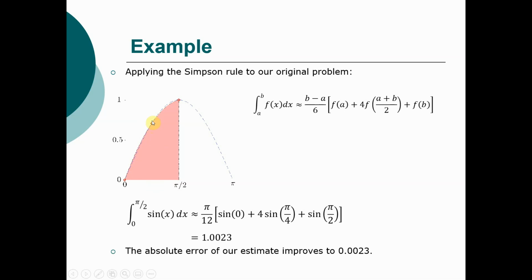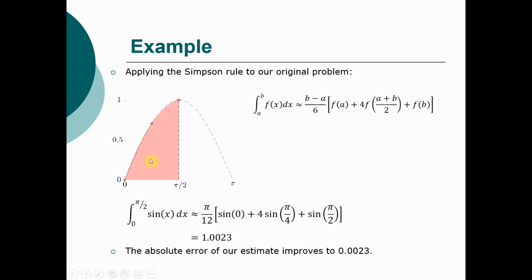Sine of pi over 4 is root 2 divided by 2. It has a coefficient 4, so that's why we have what we have here. And you see what the answer is, right? It's pretty accurate. The exact answer, if you remember, was 1. The numerical approximate answer is 1.0023. So the error that we have is 0.23%, which is pretty good.